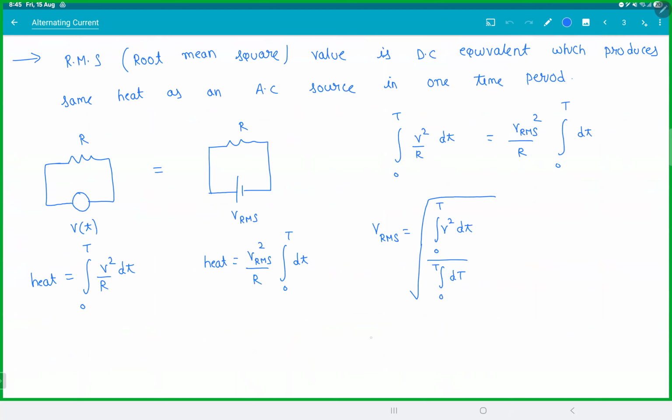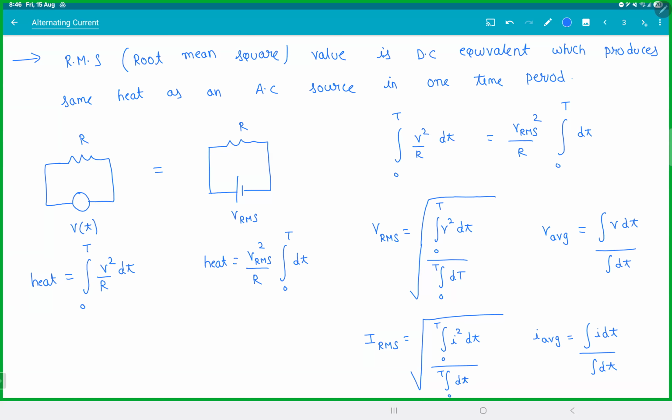And similarly, I can do the same thing for IRMS. That will be integral I square dt from 0 to T by integral dt from 0 to T. There, it becomes more of a math problem. Similarly, if I ask you to find V average, that will be integral V dt by integral dt. I average will be integral I dt by integral dt. There, you can note it down in case you don't remember this stuff. So if someone asks you for VRMS, this is where you come.